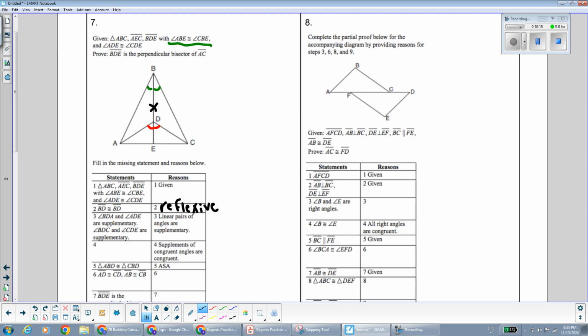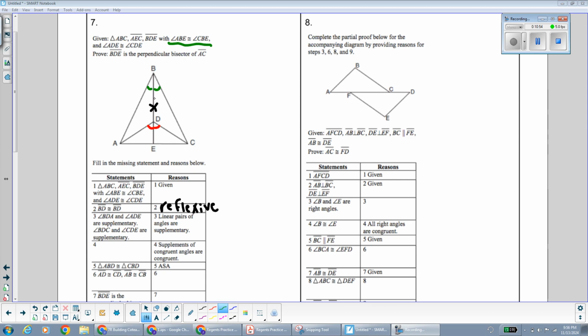So that leads me to believe that maybe we're going to be proving these two triangles over here congruent because we already have an angle in each, and now we have a side. So we just need one more angle in order to have AAS or ASA. So let's see what we're going to do here. So then they tell us that BDA and ADE are supplementary angles.